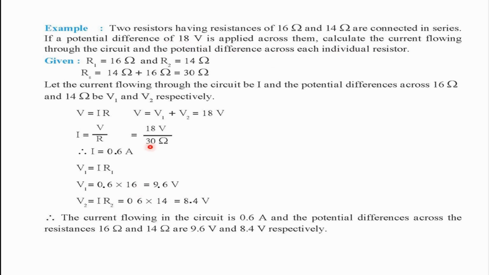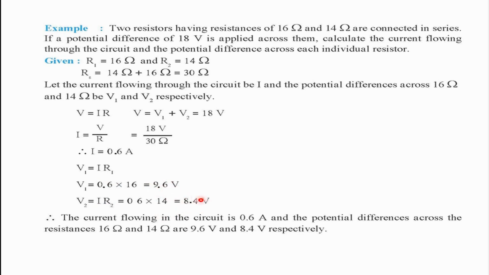Our first task is to find out the current. Simply using Ohm's law, we get the current as 0.6 ampere. Now we can use this current to find out the individual potential differences. V1 equal to IR1, V2 equal to IR2. Applying the formula, we got 9.6 volt and 8.4 volt accordingly.